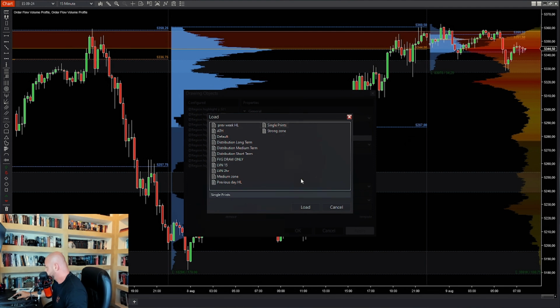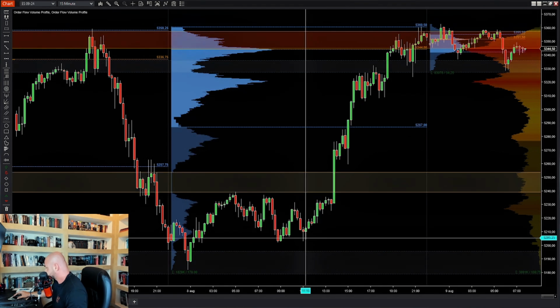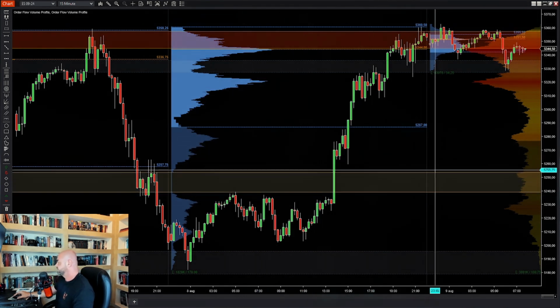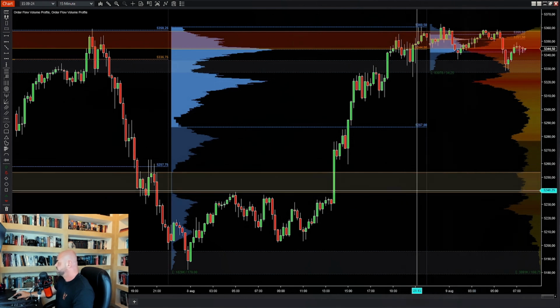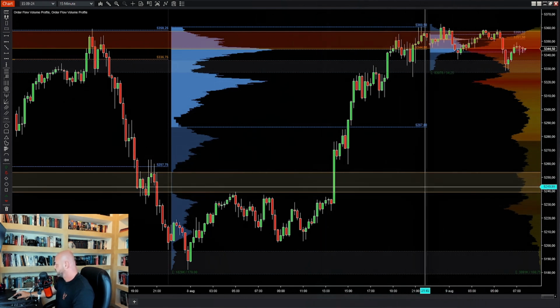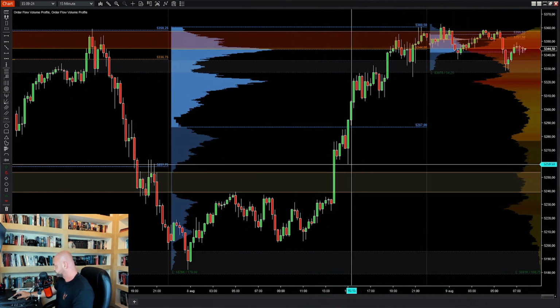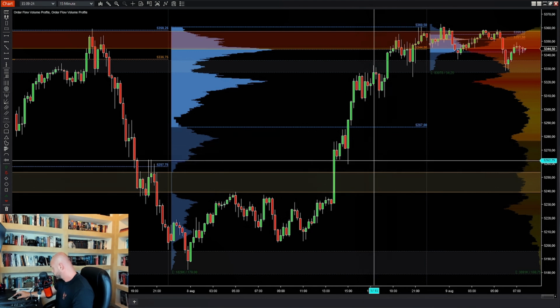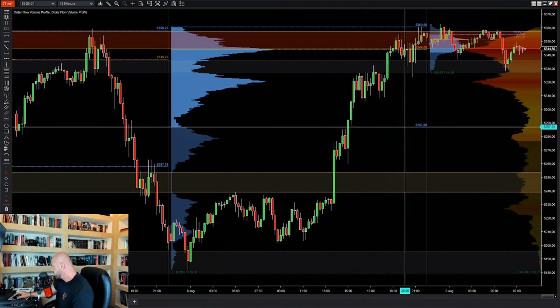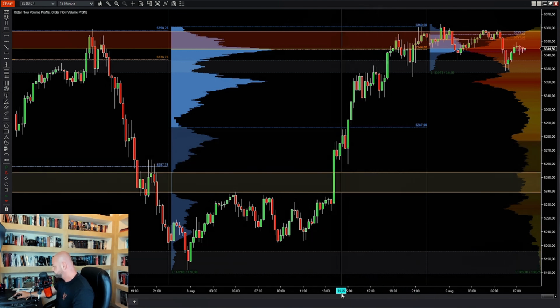Because we know that when price is returning here, there will be a strong reaction right inside this neighborhood below this value area.